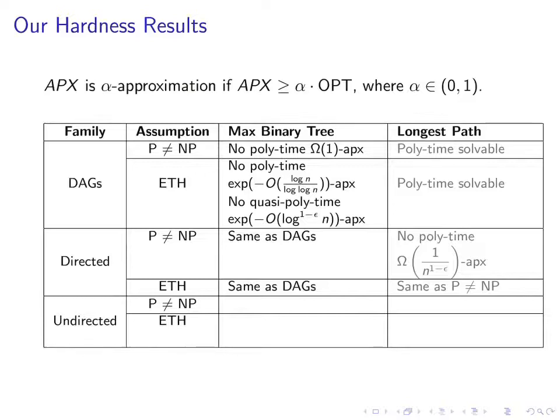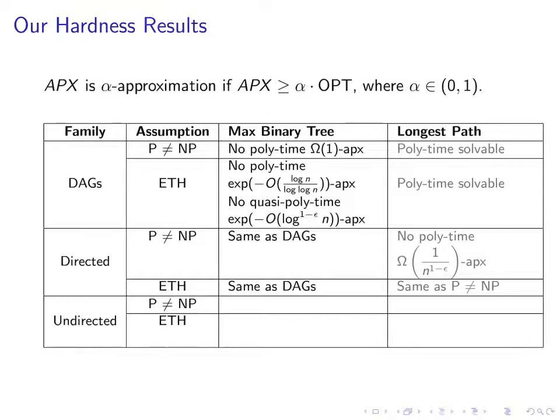For directed graphs, the longest path problem is proved to be hard, assuming P is not NP. It is hard to approximate in polynomial time with a factor of nearly 1 over n. Our results for directed graphs are directly obtained from the results for DAGs.